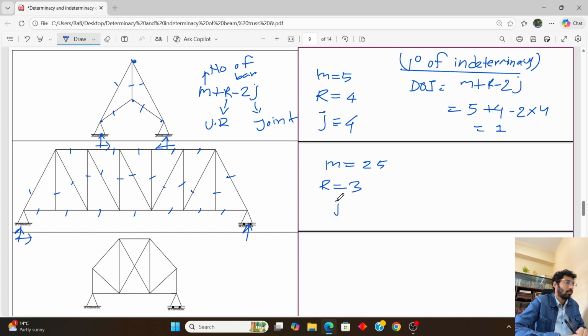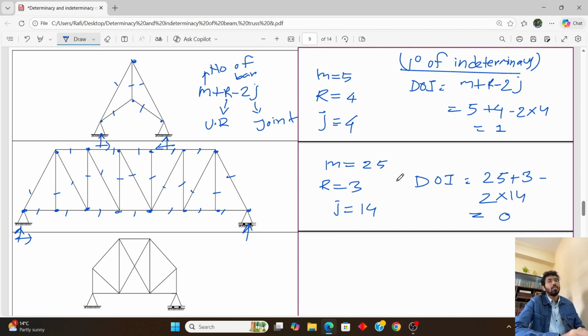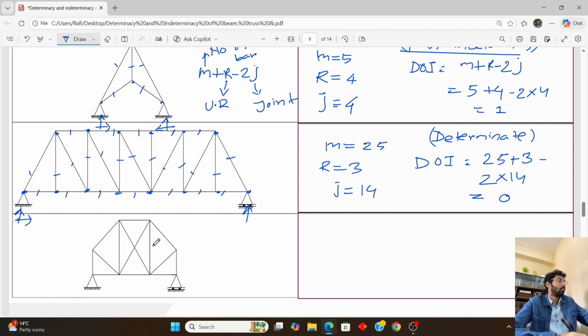The value of J will be 14. So the value of DOI will be 25 plus 3 minus 2 into 14. That is 28 minus 28, which is equal to 0. So we can say that it is a determinate truss.